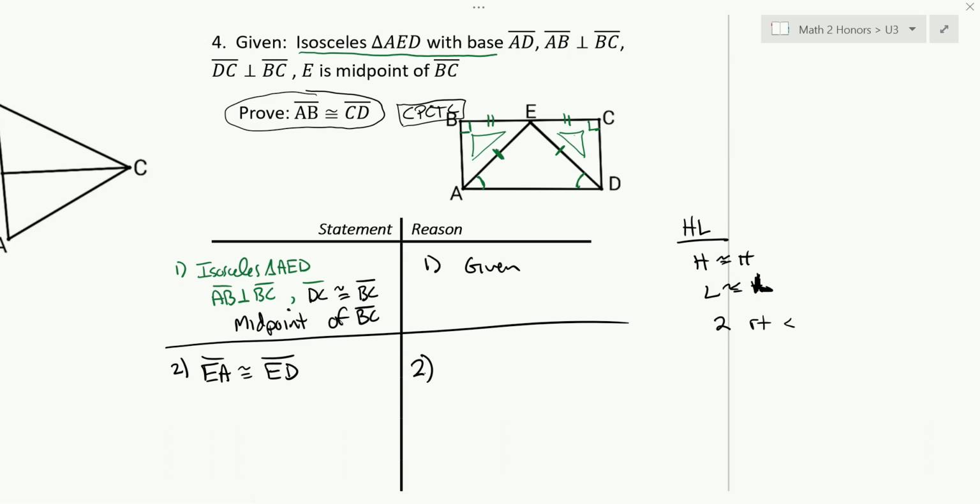The isosceles, yes. So what reason would we give? And there's 3 options. I'll give you the 3 options. Isosceles triangle theorem, converse of isosceles triangle theorem, or definition of isosceles. Which one seems best? So the isosceles triangle theorem would do this.